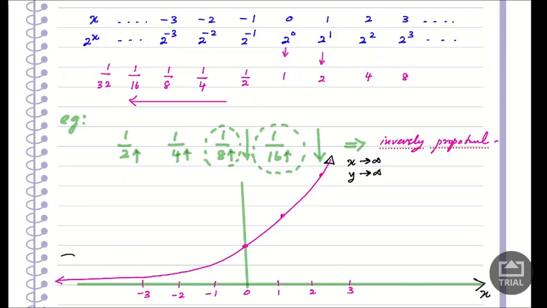And if you observe the left hand side, you can see x goes to minus infinity, y goes to 0. This is called goes to. It is not exactly equal. Goes to, right? So that's the idea.